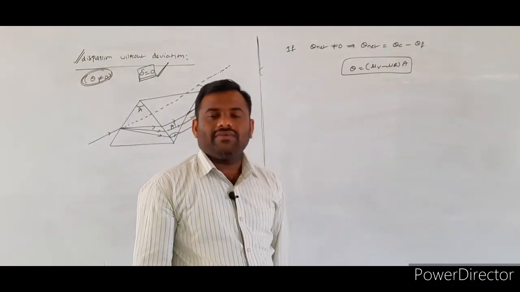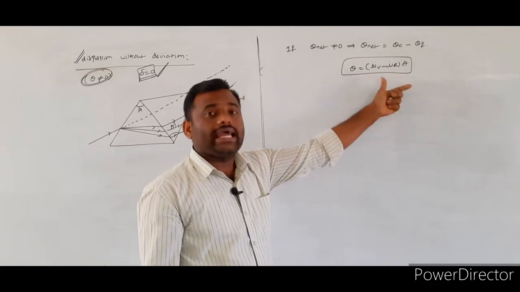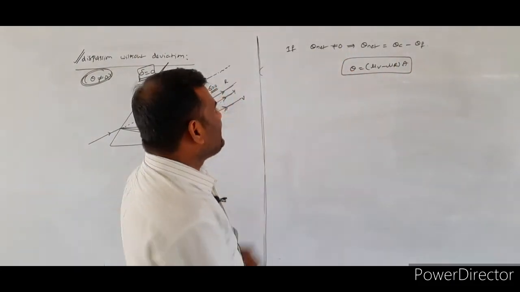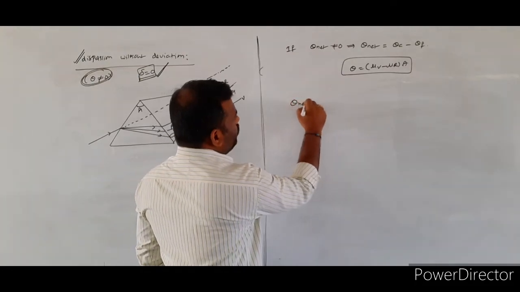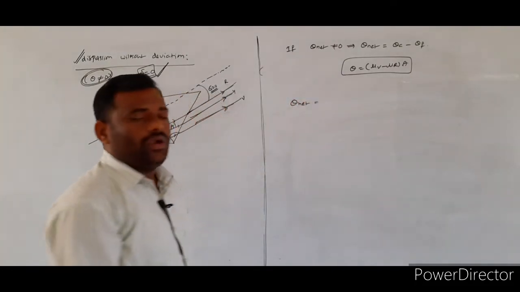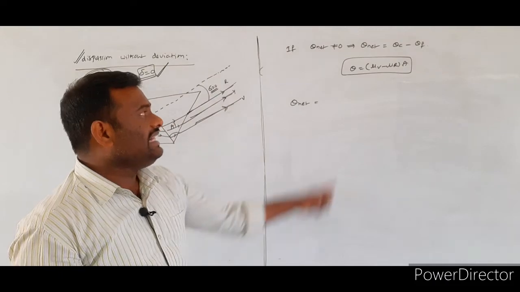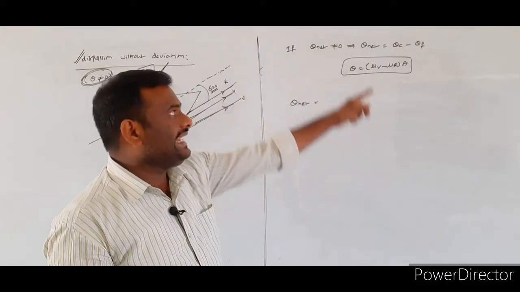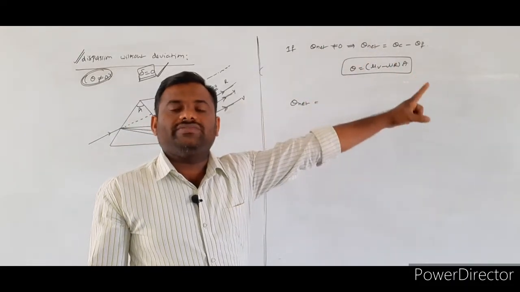The general formula for the angular dispersion is mu v minus mu r into A. So here theta net is equal to theta c minus theta f. Theta c gives the angular dispersion for the crown glass, and theta f gives the angular dispersion for the flint glass.